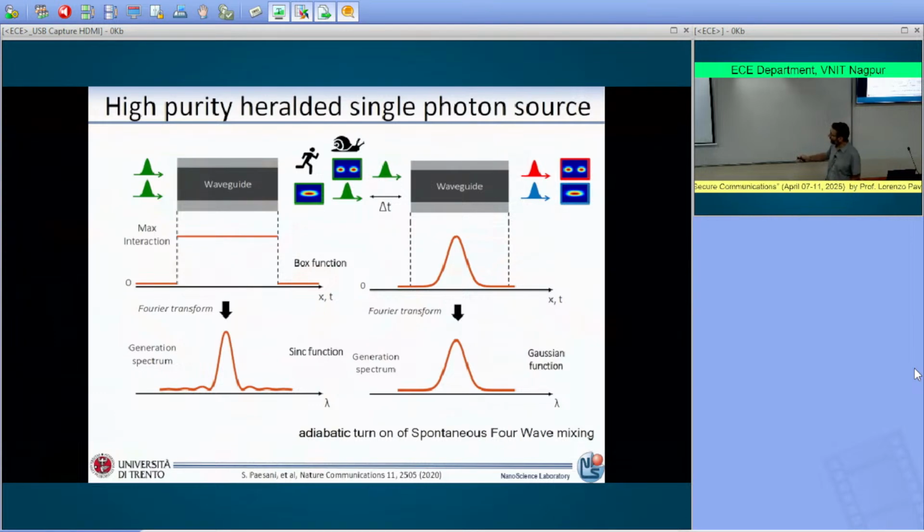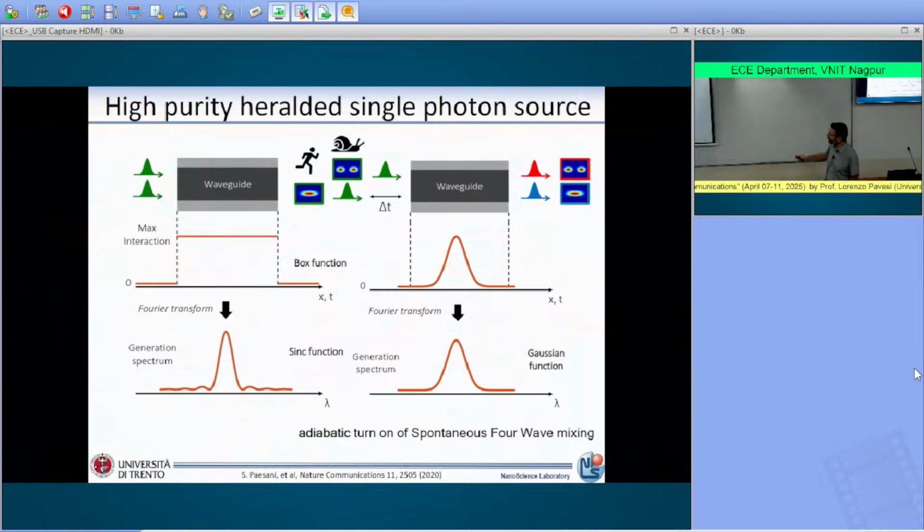And so we end up with a progressive increase of the overlap between the two photons inside the waveguide. They reach a maximum overlap in the center of the waveguide, and then the overlap decreases because the fundamental photons overtake, with a larger speed, the photon that is traveling on the second order mode.